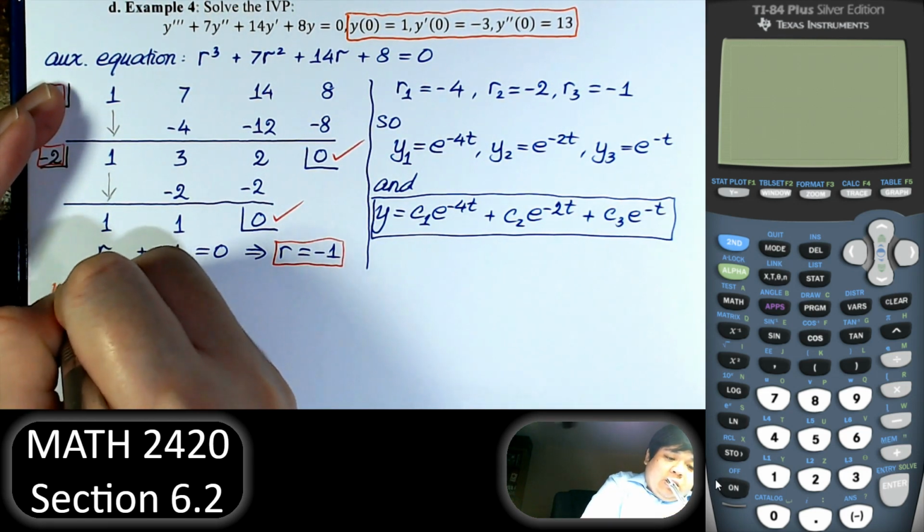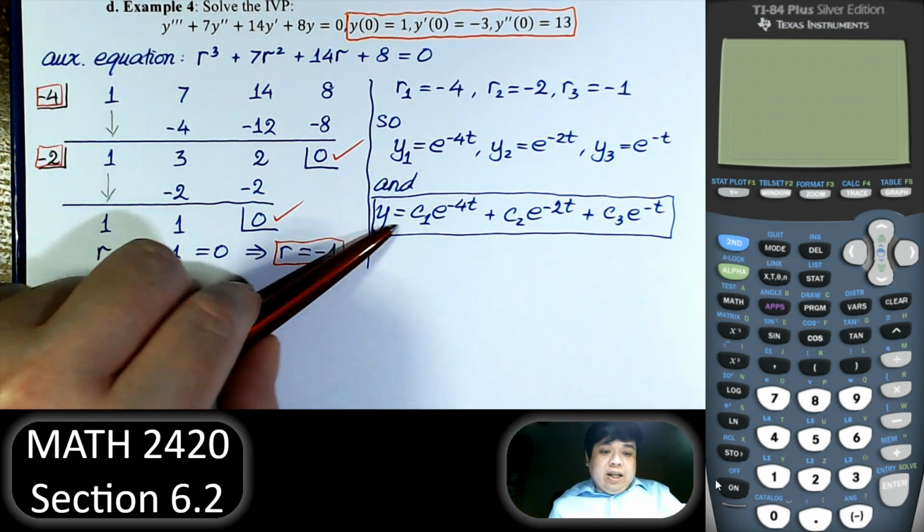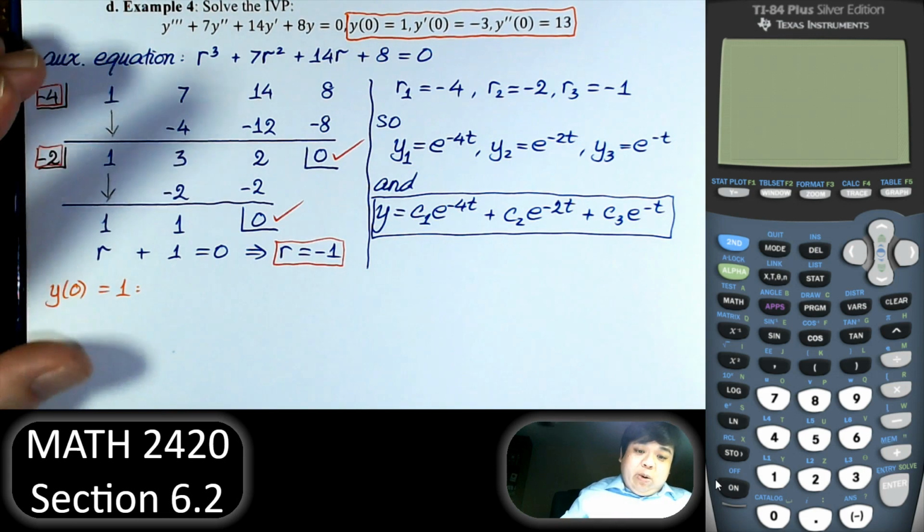Right. So first, the function is equal to 1, meaning that this is equal to 1, where we put 0 in for t.